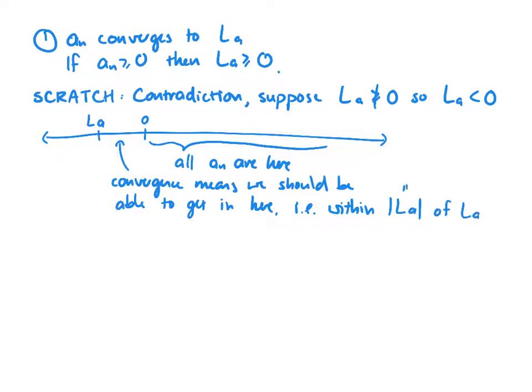Right, so this is the distance from L sub A to 0. Right. Okay, and then because we're supposed to be able to do that, and we know none of the A sub n's are in there, right? That should produce a contradiction of sorts to us. So let's try to put this down in a proof.